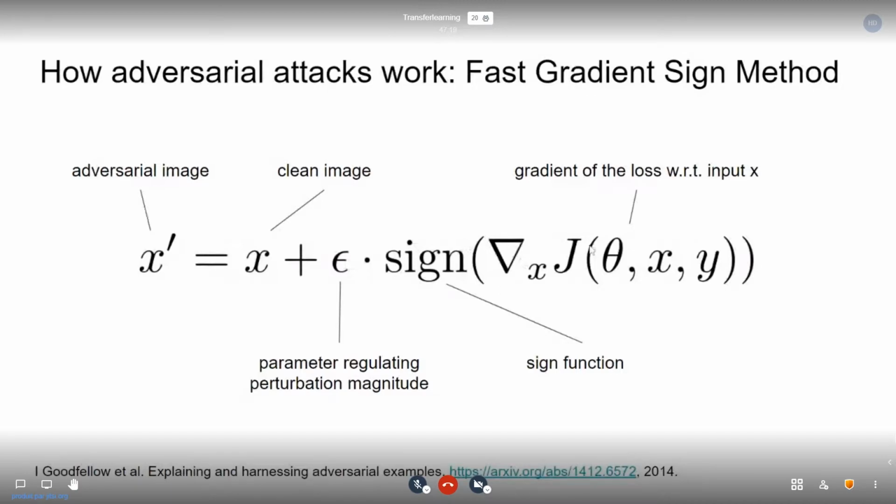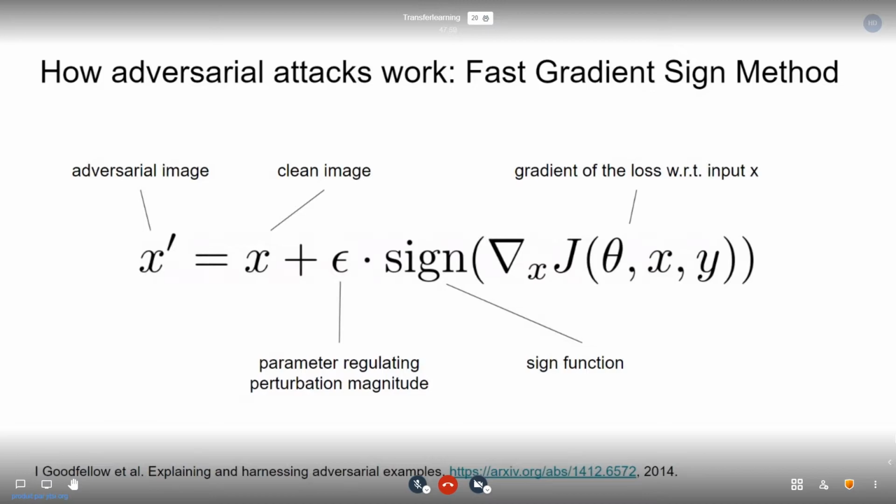And the noise is simply the gradient of the loss function with respect to the input of the network. For FGSM, it's actually not just the gradient, but the sign of the gradient. So what's going on here is that we're trying to perturb the input of the network in such a way as to maximize the loss function and thus minimize the match between the predictions and the ground truth.